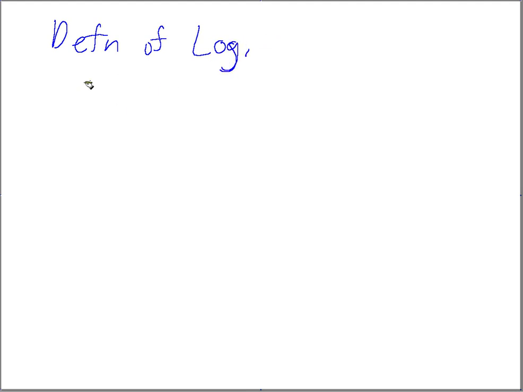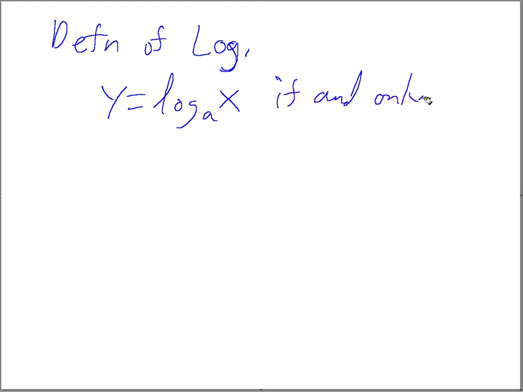So we say that y is equal to log base a of x if and only if a to the y power is equal to x. What's the base here? The base is a. Again, y is our exponent, and y is this whole logarithm.